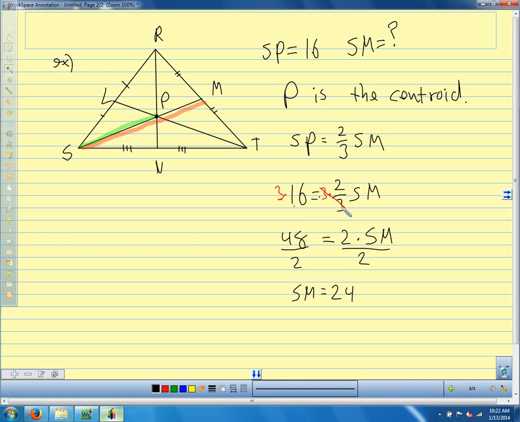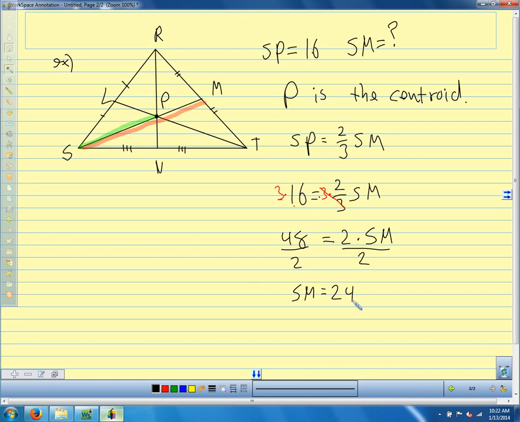Is there another way I could have done this? Starting here, is there another way I could have done it? Anybody remember from last year multiplying by the reciprocal to get rid of those fractions? To multiply by the reciprocal, that's one way you could do it. You could also plug 2 divided by 3 into your calculator, and instead of 2/3, write that as a decimal, 0.6667, and use the decimal.